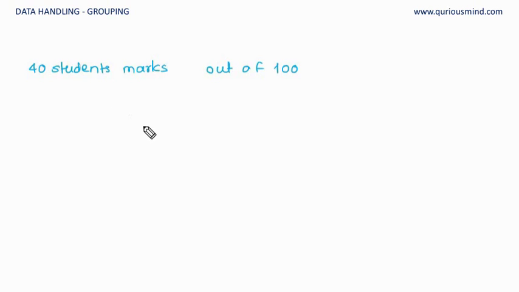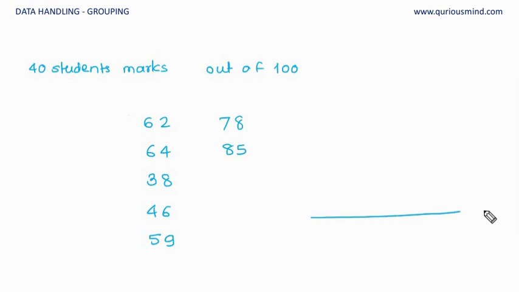For example, some student might have got 62 marks, some might have got 64, some might have got 38, 46, 59, 78, 85.